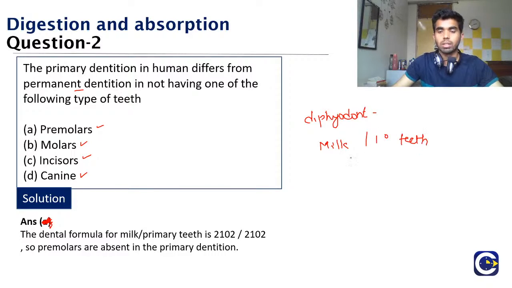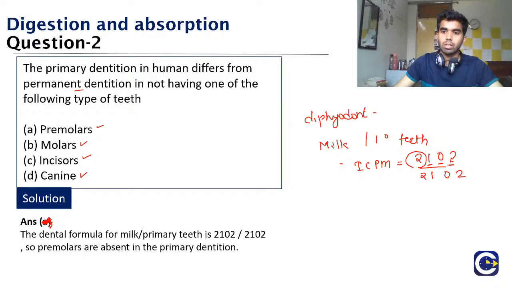And the dental formula for this is ICPM is equal to 2102 upon 2102. So there are two incisors, one canine, 0 premolars and 2 molars. So we can see here the teeth which are absent is premolars, and the total number of teeth in children are 20. It is also important.